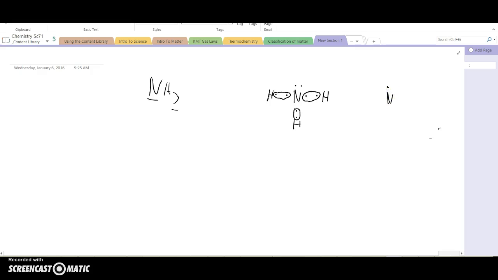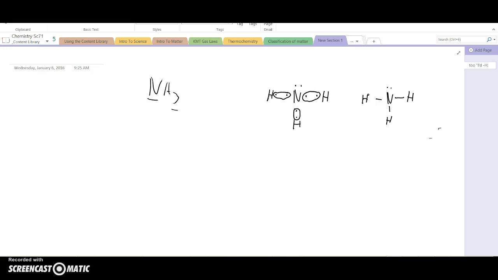So here's nitrogen, and I'm going to draw a line in the place of that circled pair of electrons. So that would be both steps of a Lewis dot diagram for, in this case, NH3.